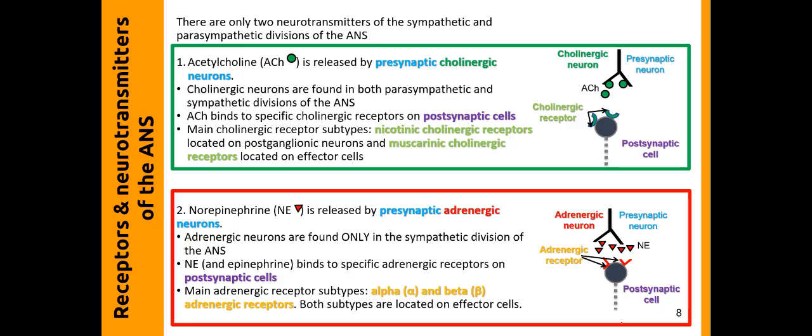But first, I'm going to speak a little bit about the receptors and neurotransmitters found in the two divisions of the ANS, the parasympathetic and the sympathetic. The two neurotransmitters are acetylcholine and norepinephrine.